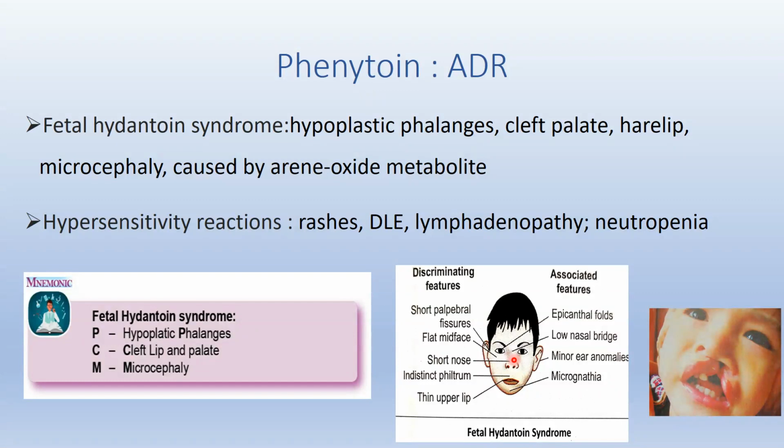Hypersensitivity reactions like rashes, diffuse lupus erythematosus, lymphadenopathy, and neutropenia can also be seen. The best way to remember fetal hydantoin syndrome is PCM, where P stands for hypoplastic phalanges, C stands for cleft lip and cleft palate, M stands for microcephaly.